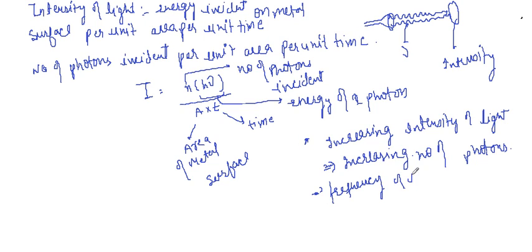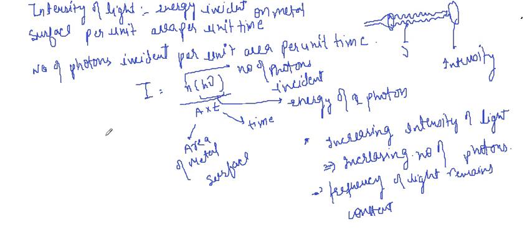There is no relation between intensity and frequency. Frequency represents the energy of light, and intensity represents the number of photons per unit area per unit time.